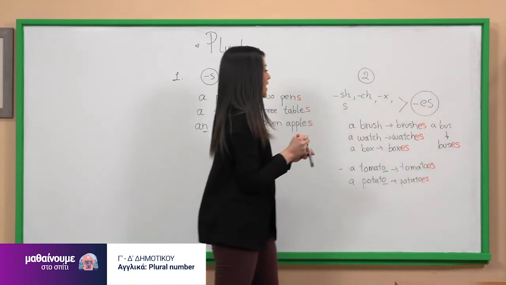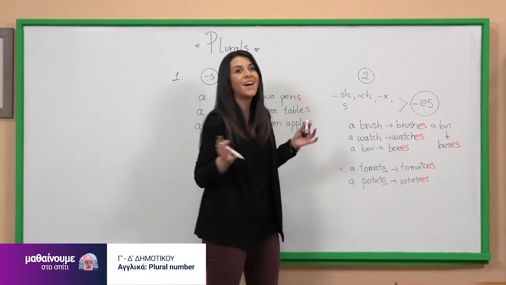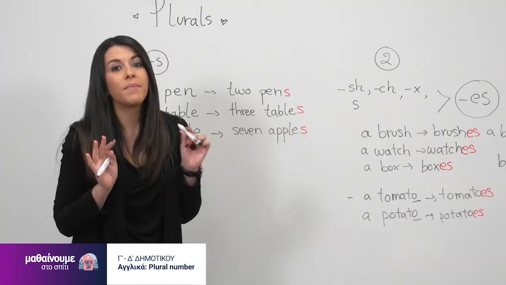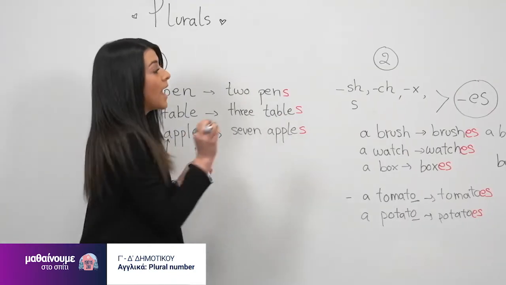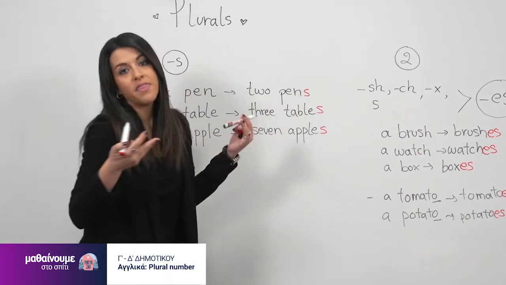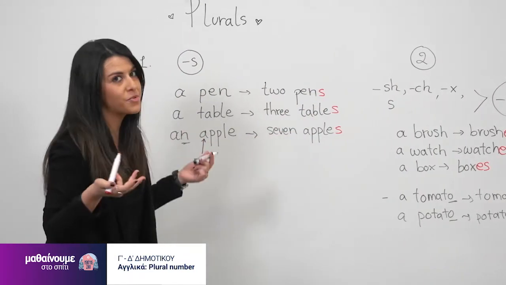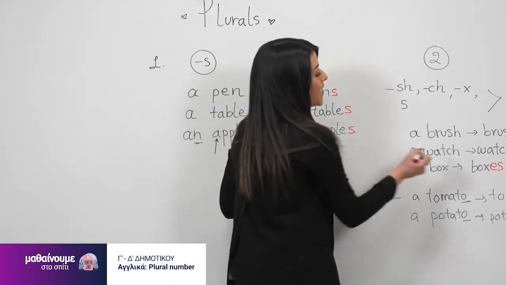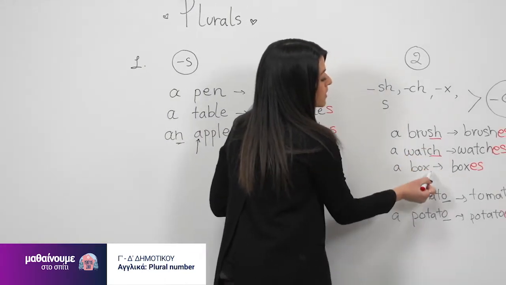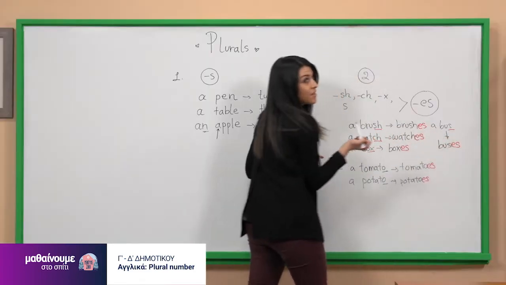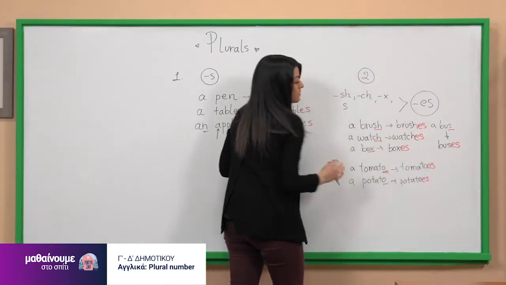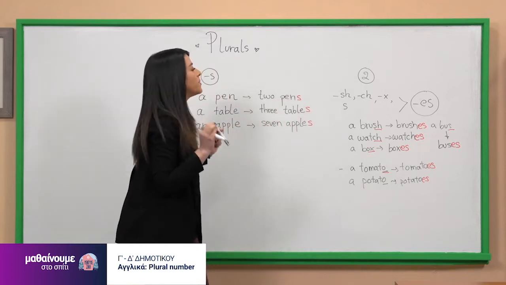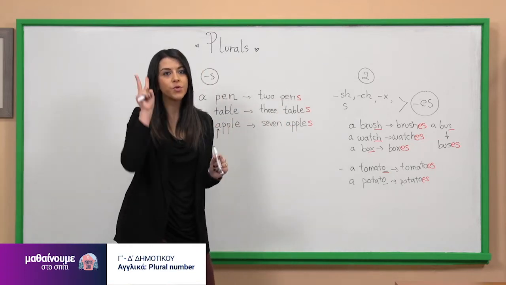So, αυτά έχουν και κάποιες εξαιρέσεις όπως το πιάνο or το φώτο που παίρνουν απλά S. Okay? I'm not going to write them here. Απλά να θυμηθείτε αυτά τα βασικά. And there are other rules, of course, and many exceptions, but that's okay for now. So let's remember, when a noun ends in sh, ch, x, s, okay, and with o, without the exceptions, we put es. Okay, that's rule number 2.